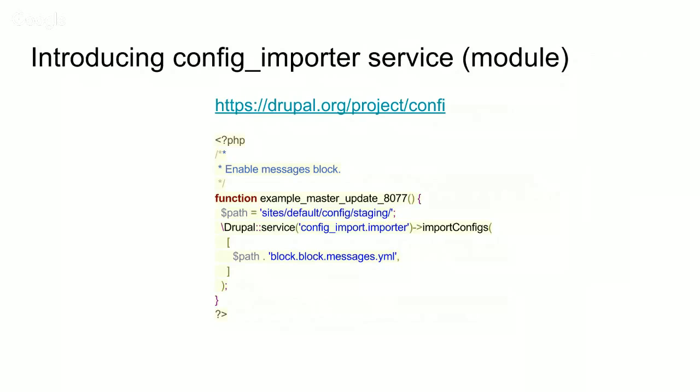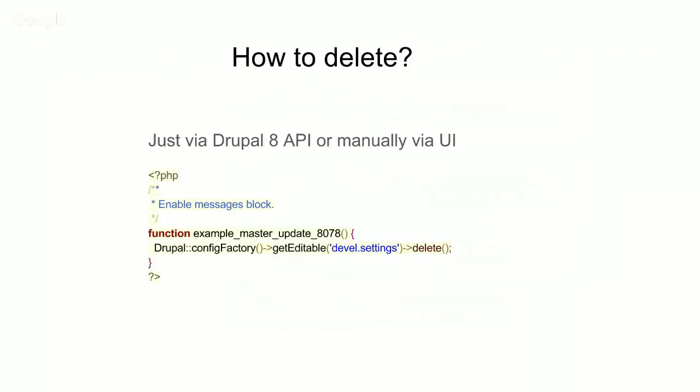You can provide it a list of configs that you are going to update or create inside your database and active storage. For deleting configs, you can just use the regular Drupal 8 API to remove config from active storage, and everything else will be executed by the core itself.